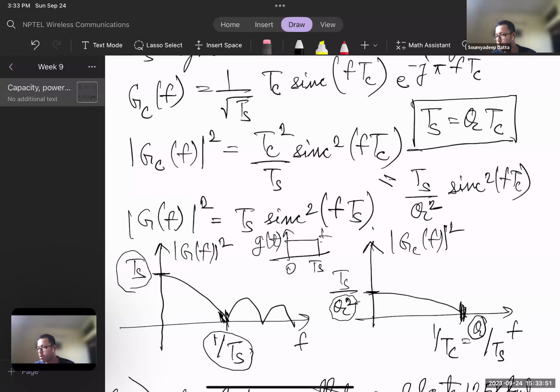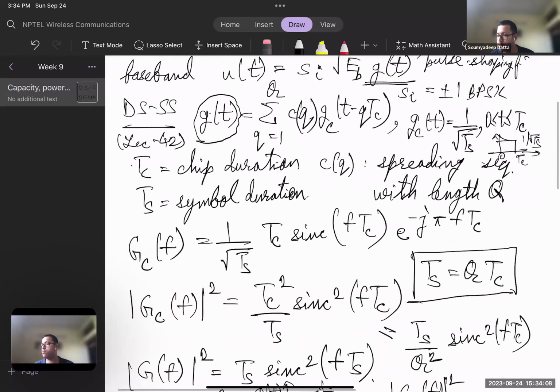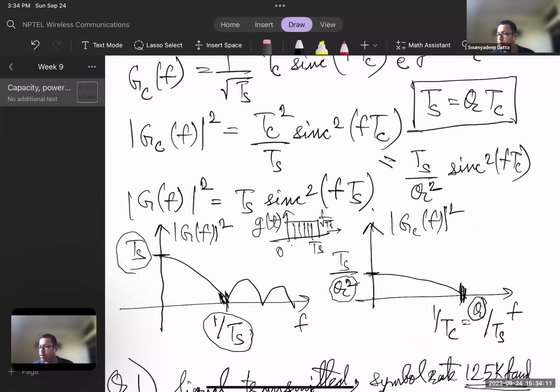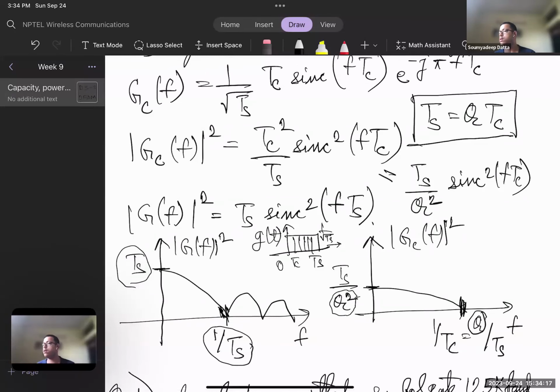Essentially, if we break this function into many parts, we get each of these chip functions gc(t minus qTc), and then we add them up. So we are slicing the g(t) function into small chips and then adding them up. It's just a mathematical trick in a way.